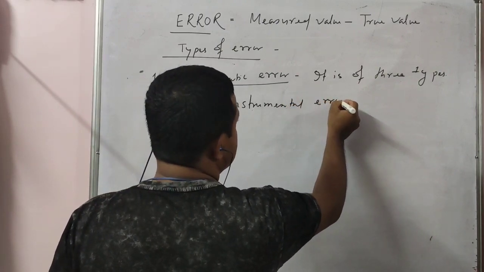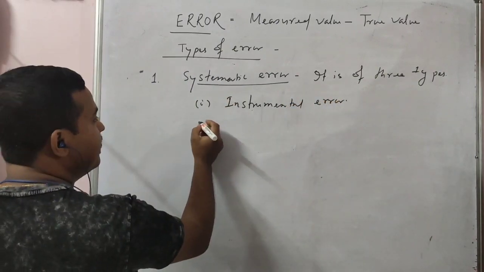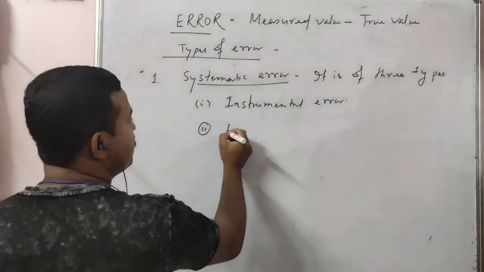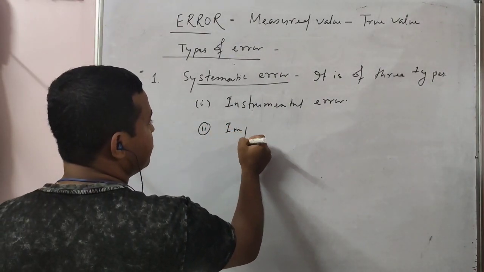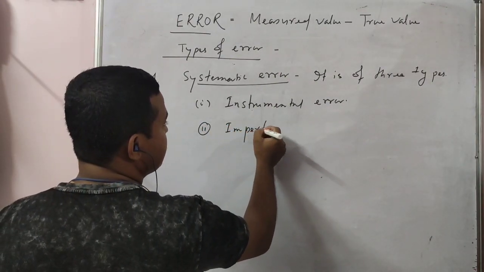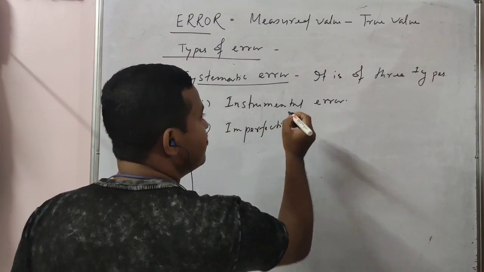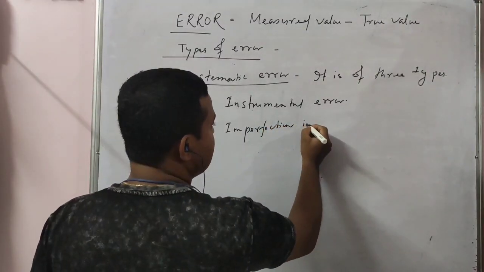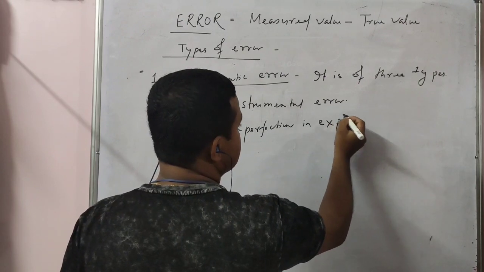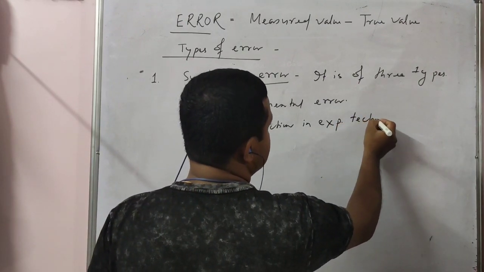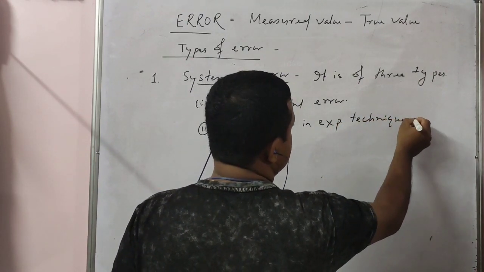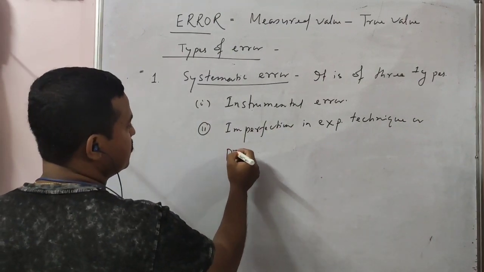Second one is imperfection in experimental technique or procedure.